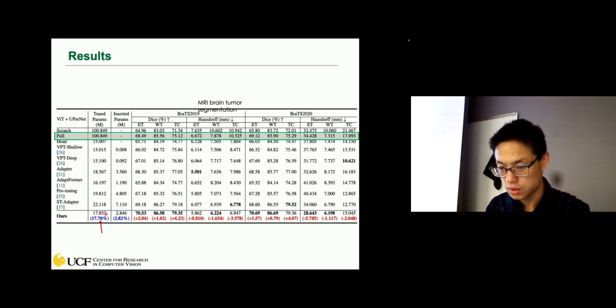Here we also want to check the number of parameters we have tuned, right? For the full fine-tuning, you have 100 millions of parameters you have to tune, but in our efficient fine-tuning case, we only have around 18 millions of parameters, so only about 17% tunable parameters, okay?